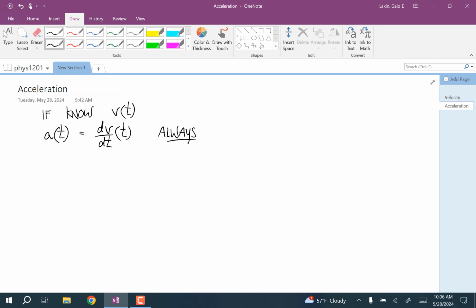And what does acceleration mean? Well, you know it because of the derivative relationship. It has something to do with changing velocity. We are going to think of it this way. It's changing the velocity, and the velocity is related to the speed.